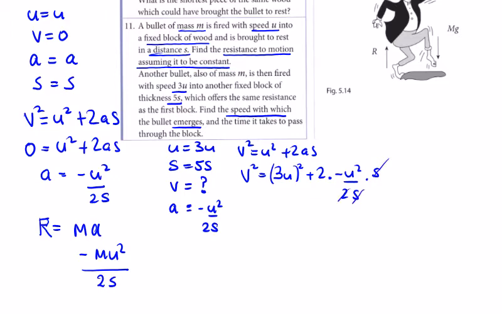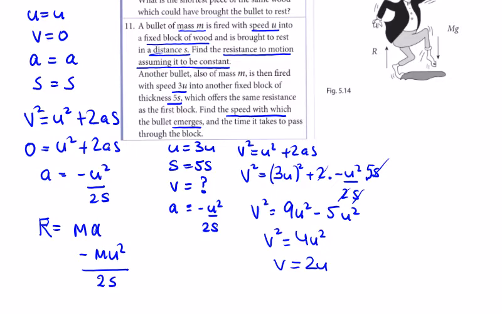You can see the s's and the 2's will cancel. No, sorry, it's 5s this time. I should have had a 5 here. 5s, so we're going to be left with v squared is equal to 9u squared minus 5u squared. V squared is equal to 4u squared, which gives v to be 2u. 2u by 2u is 4u squared.